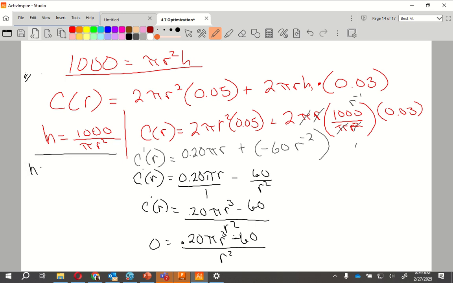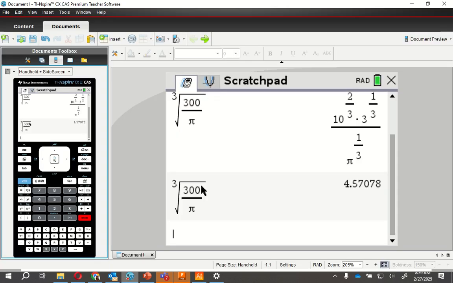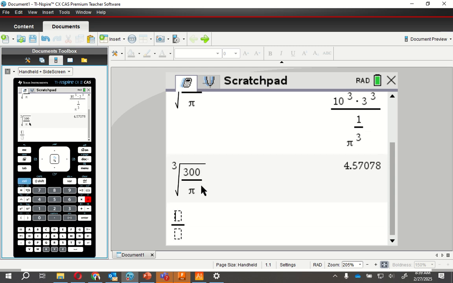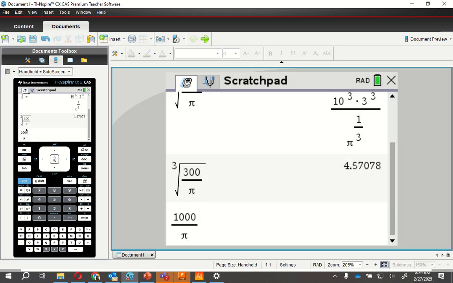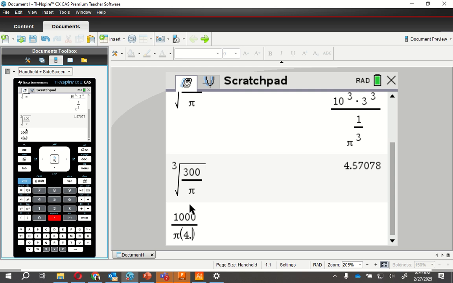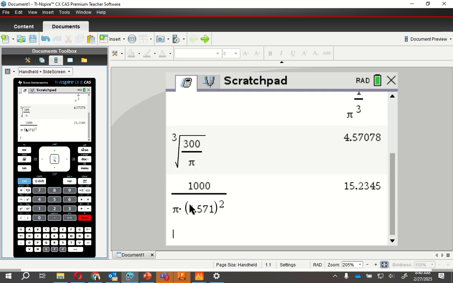So my height is equal to 1,000 divided by pi times 4.571 squared. And my height is going to be 15.235.